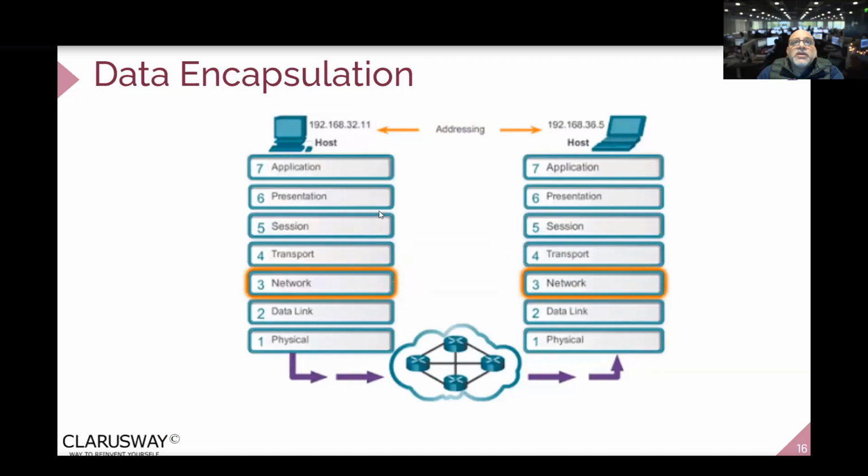So essentially, it's going down this way, across the physical medium, and then back up. At each level, except at the physical layer, the sending node adds a header to the data payload, forming a protocol data unit, or a PDU. And this process is known as data encapsulation.